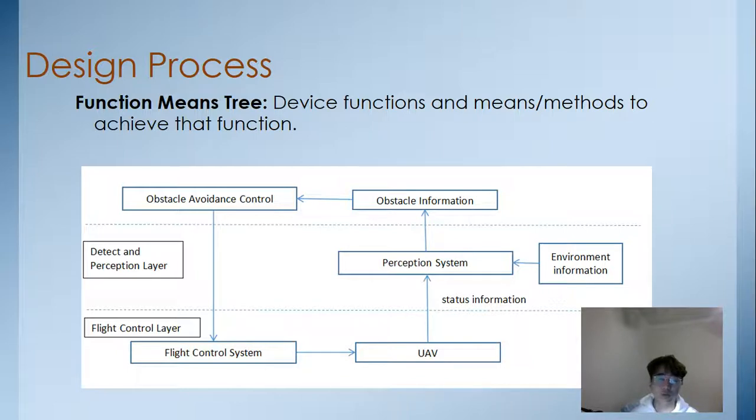The UAV has the perception system, so it can detect the environment information around. Then it gets the obstacle information, and the information is transmitted to the obstacle avoidance control. So it can control the flight control system, which makes the UAV avoid collision.